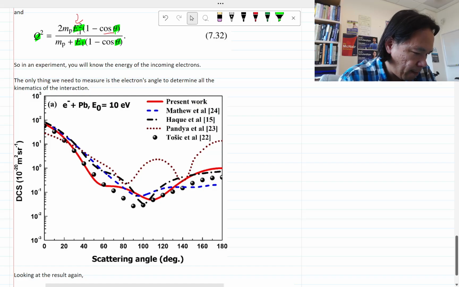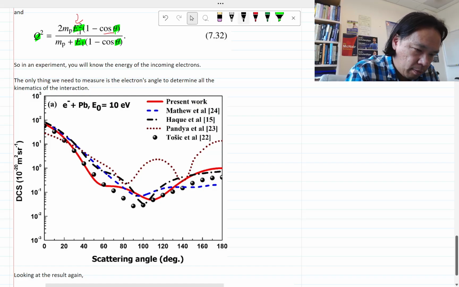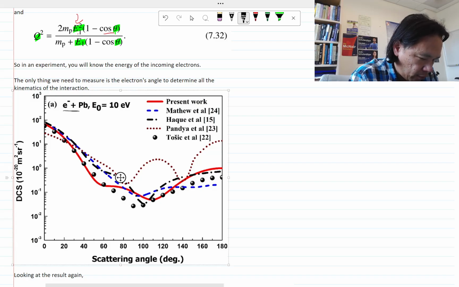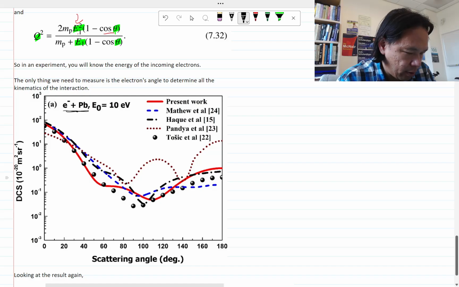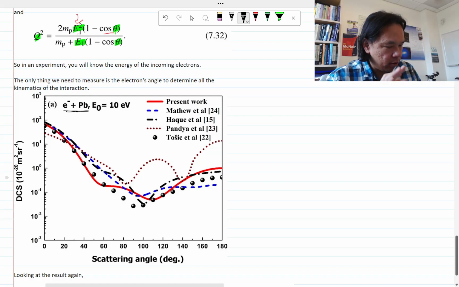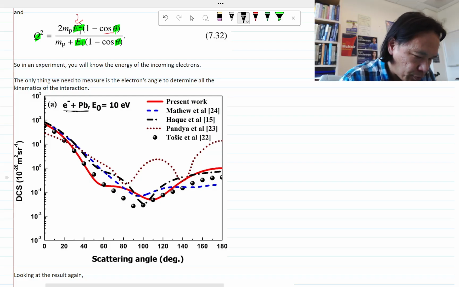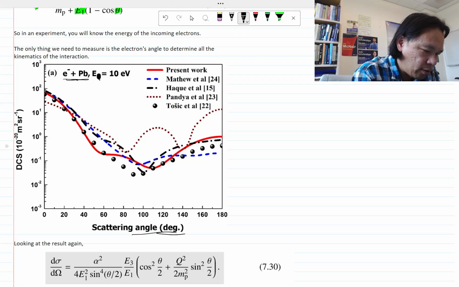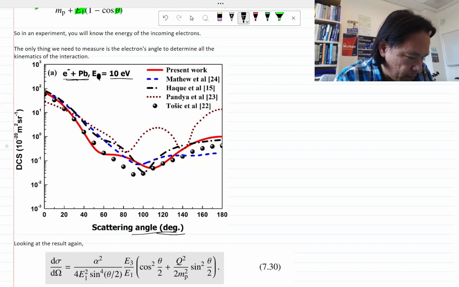I couldn't find a plot for electron-proton scattering, but I did find a plot for electron-lead scattering, which is going to be similar, though slightly different. This is the scattering angle, and they call it E naught, but this is the incoming electron's energy, 10 eV.